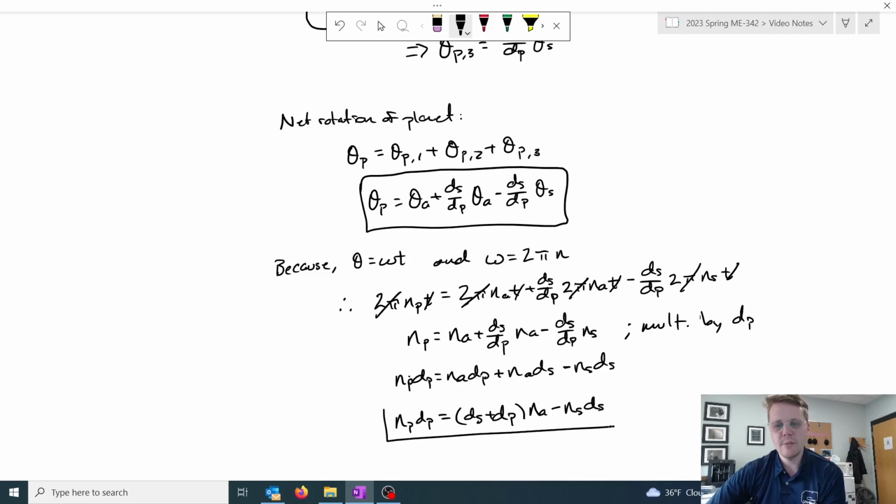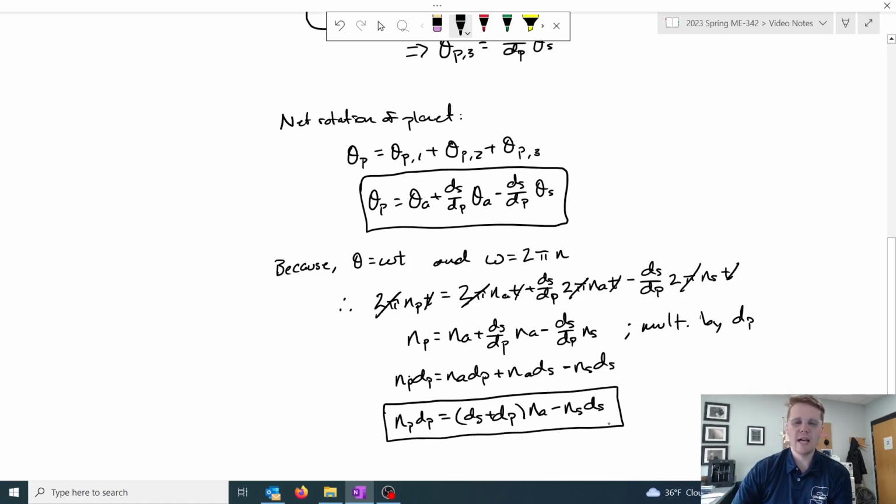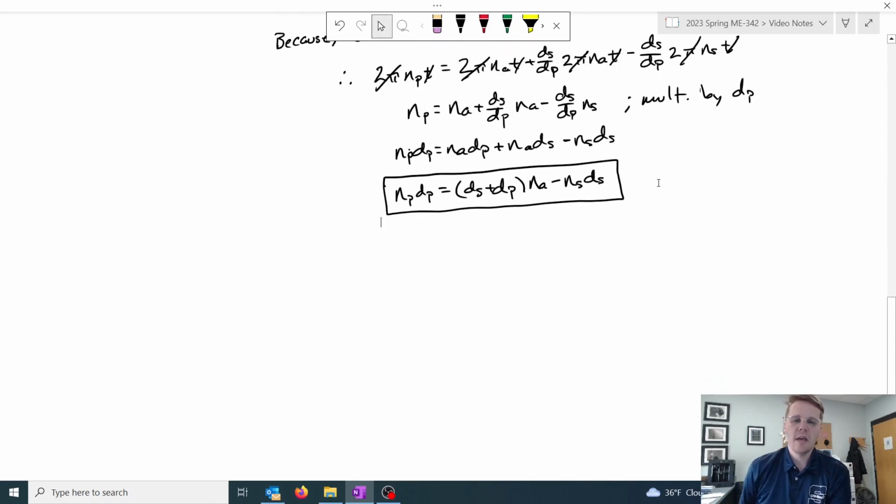and now this gives me a new expression that relates the angular velocities and the diameters of the gears. So depending on what I know, I can plug different things into this equation and I can solve for the planetary gear, the arm, or the sun gear in relation to each other.